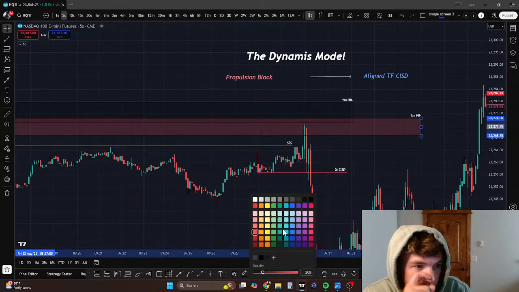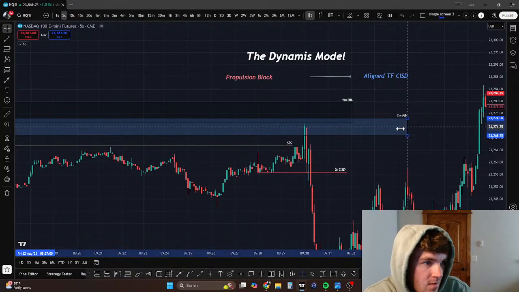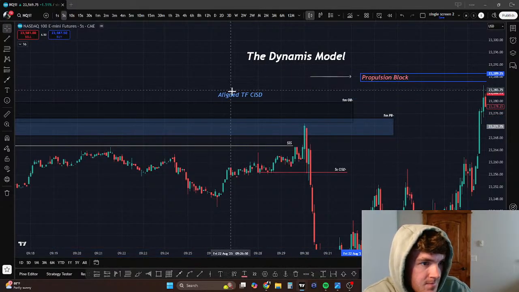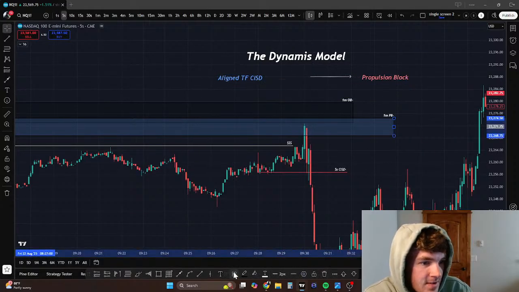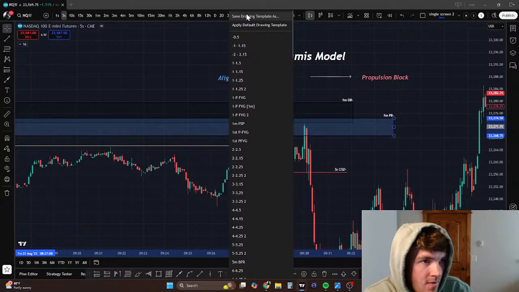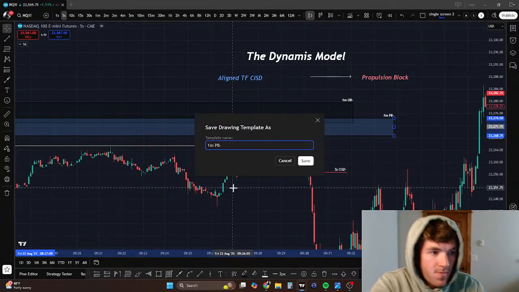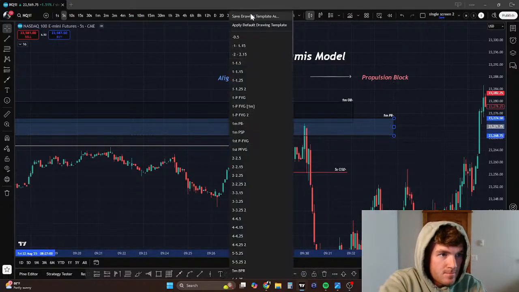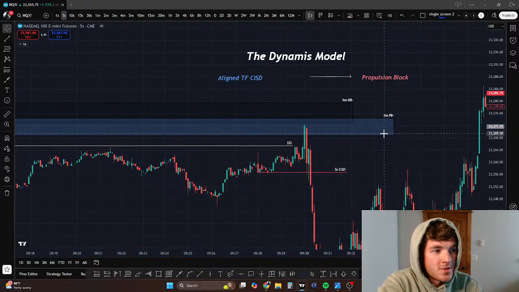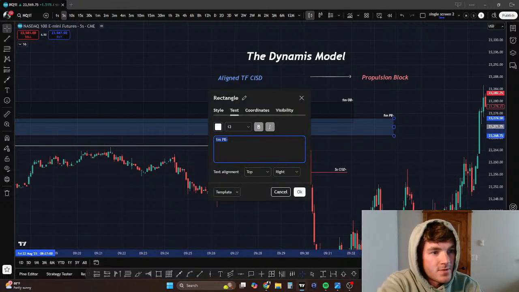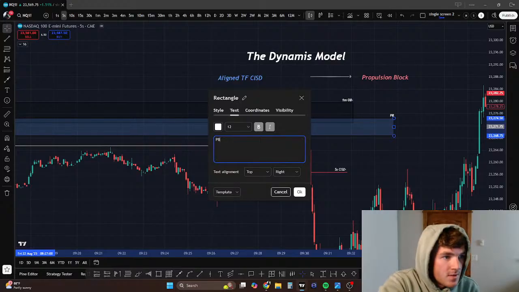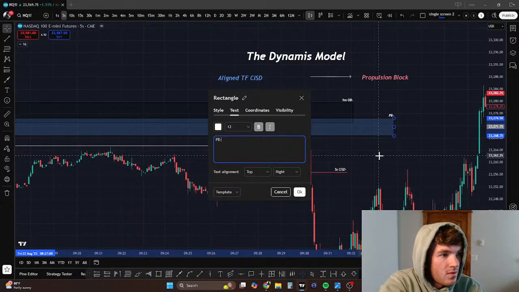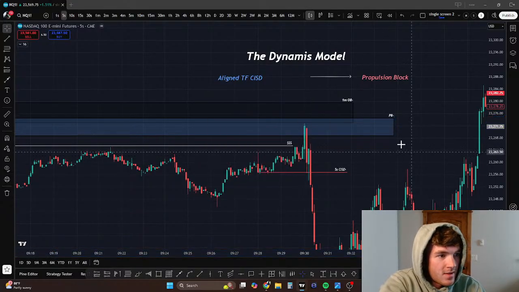What if I make this blue? That looks nicer. I think I'm going to make propulsion blocks always blue, actually. I don't know why, it just feels like they should be blue. It looks better. So let's save this.